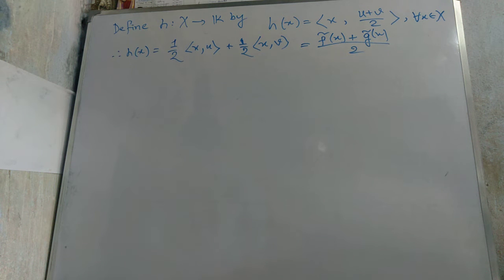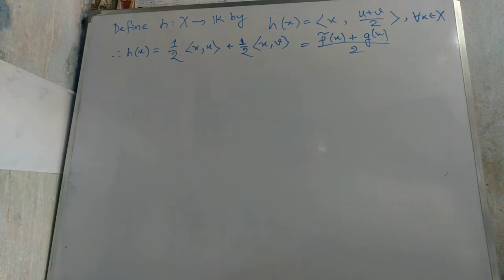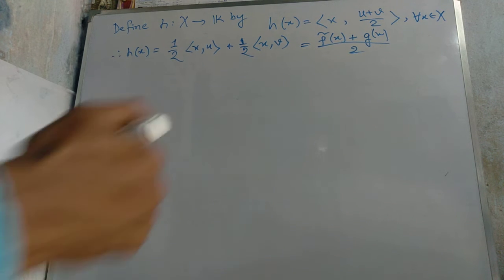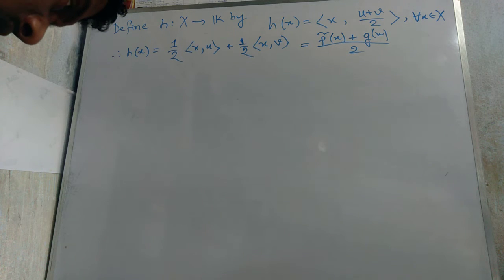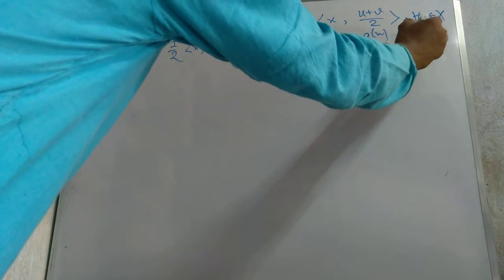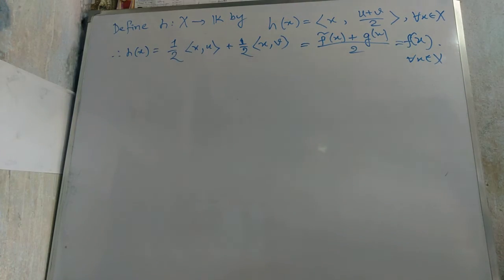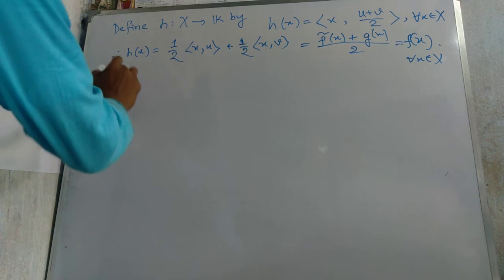Okay, then here write g(x), g tilde(x), here we denote g(x), so g(x) is better. Then what happened, f delta(x) and g(x) equal to 2f(x) by 2 equal to f(x) for all x belongs to X.